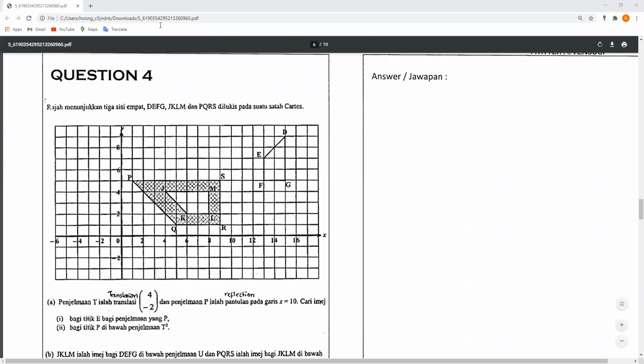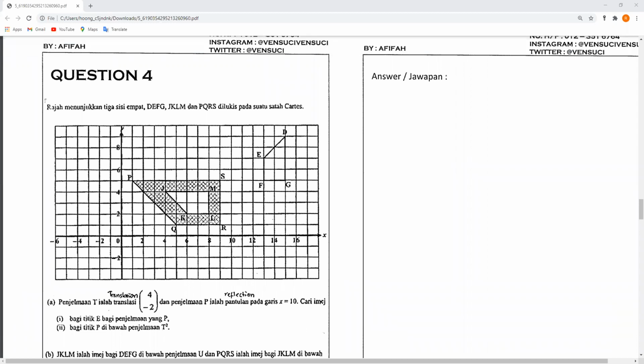Try to record. Okay, I allow already. So can or not record? Record, no? Record can record already.